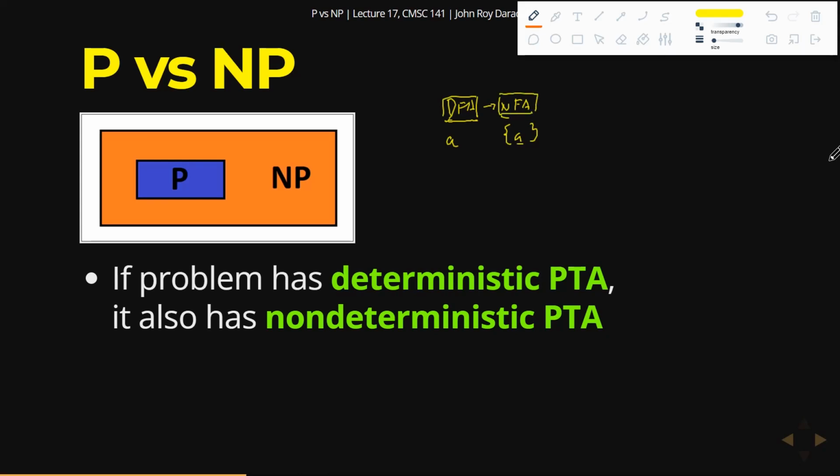You just have that one also. So if a problem is deterministic, then it's also automatically non-deterministic.